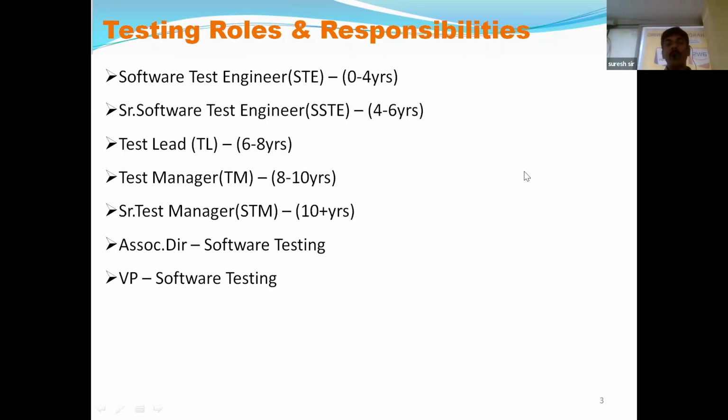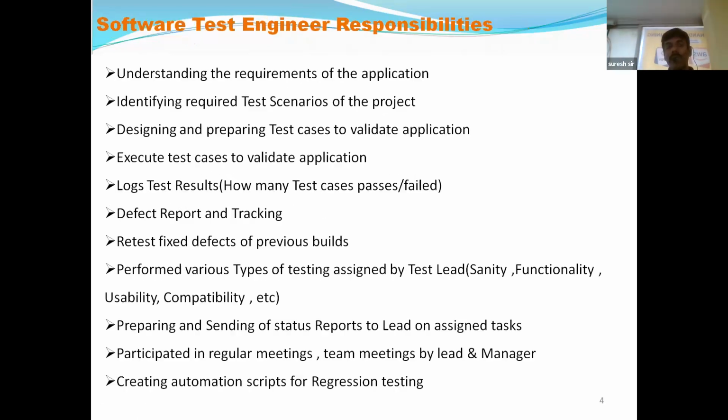In that, the first one we consider is the software test engineer. The main job role needs to be understood: how we can take care of this particular software test engineer or software tester job role. As a tester, the very first activity is understanding the requirements.